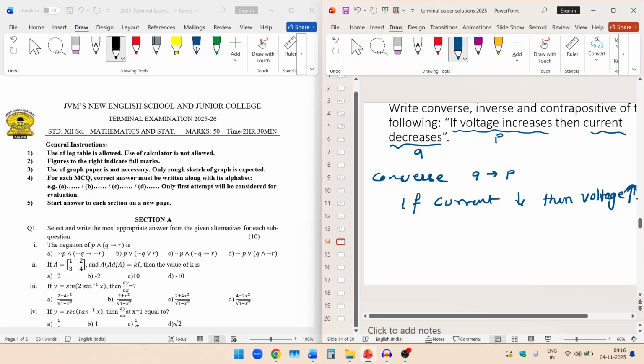I've written a downward facing arrow as decrease and an upward facing arrow as increase. So if current decreases, voltage increases is the converse.